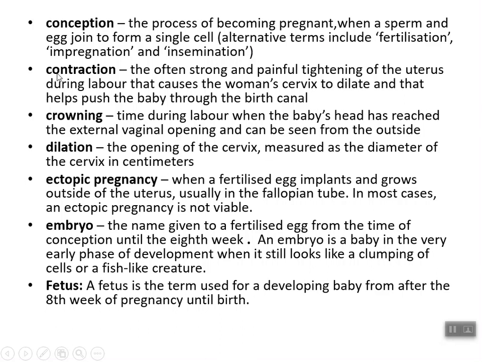Next is contraction. You may hear that women are in contractions, or women are having false contractions. So what are contractions? They are the often strong and painful tightening of the uterus during labor that causes the woman's cervix to dilate.